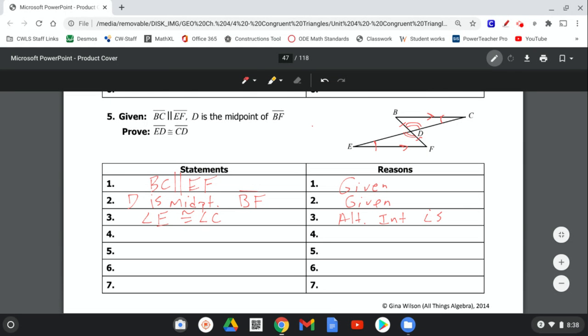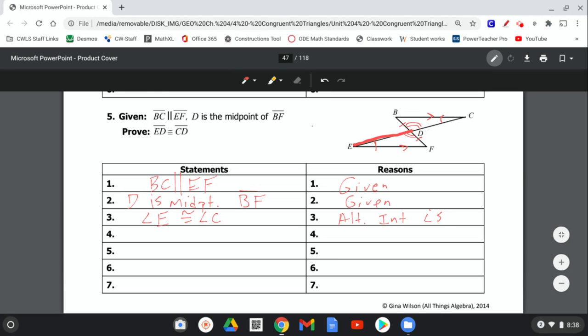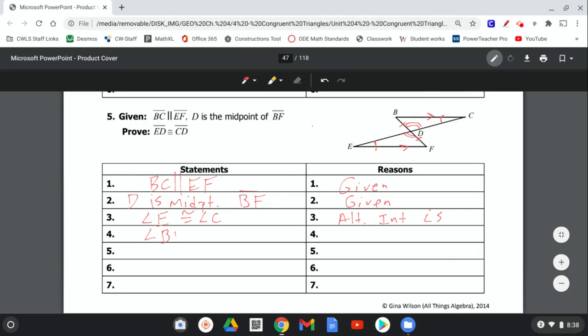So now, again, if I trace the triangle, if I start at E, I go from an angle to a side. So angle, angle, side is the reason why these two triangles are congruent. So what we're going to do here is we're going to put that angle BDC is congruent to angle FDE.